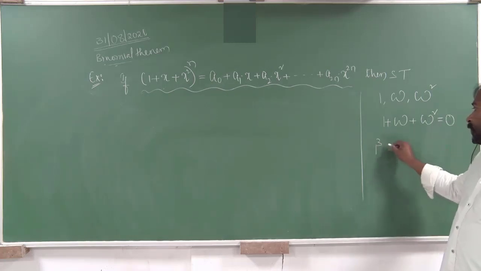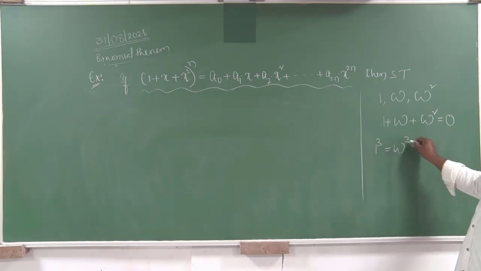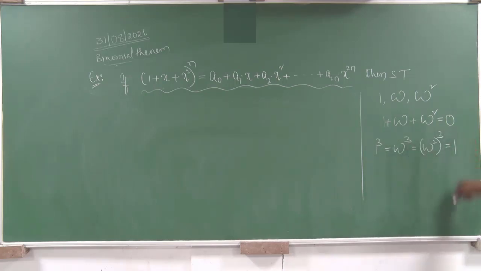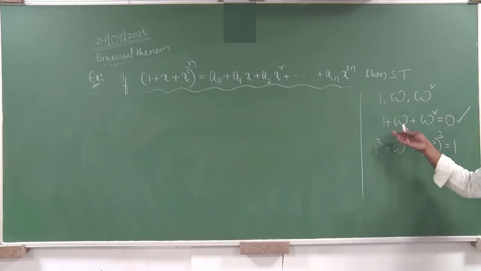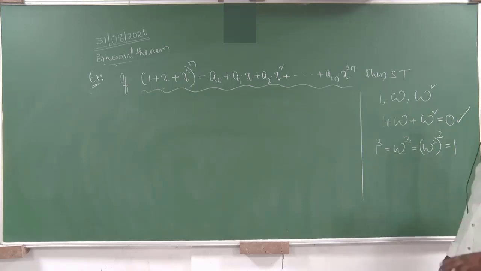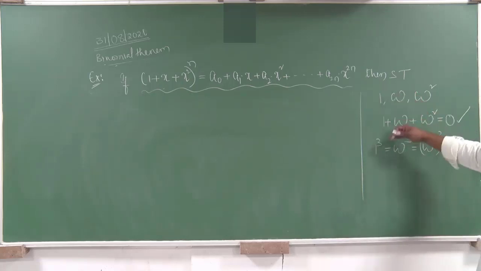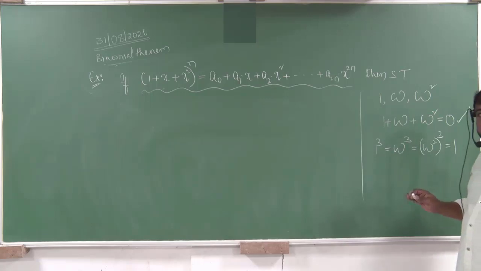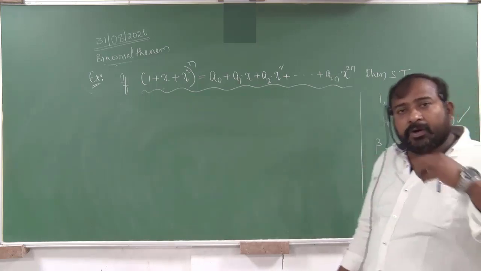And 1 cube is equal to omega cube is equal to omega square whole cube is equal to 1. This is one more condition. Got it, ma'am? Sum of the cube roots of unity 1 plus omega plus omega square equal to 0, and 1 cube value you will get 1, omega cube value also equal to 1. That thing we already know, since complex number chapter we completed. With the help of this complex cube root of unity, our third result we will derive now.